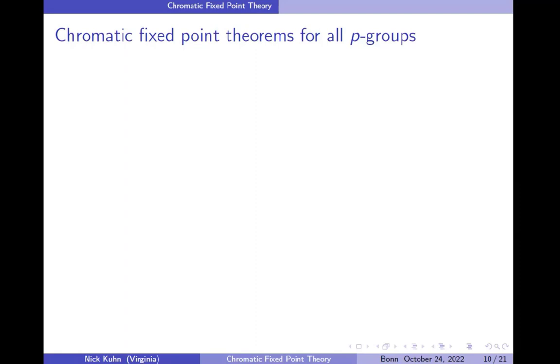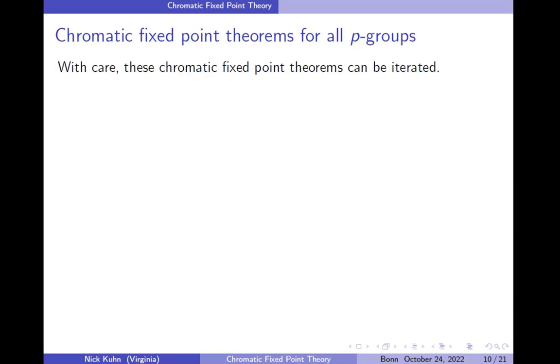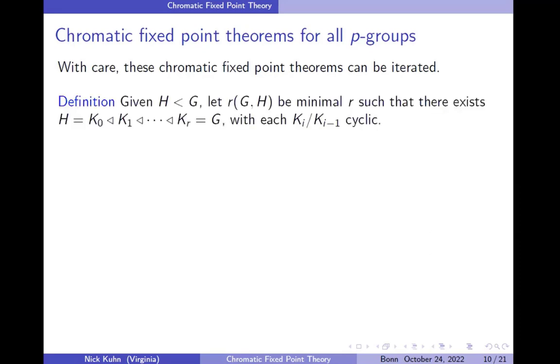Okay, so again, you can iterate these things, but it's sort of a little funny when you iterate them. Okay, we learned a theorem about cyclic groups. Okay, not just mod P groups, right? So here's a definition. Given, and since we have some proof theory people, you'd be excited by this, you're given a subgroup H inside G. Here's a number you can assign.